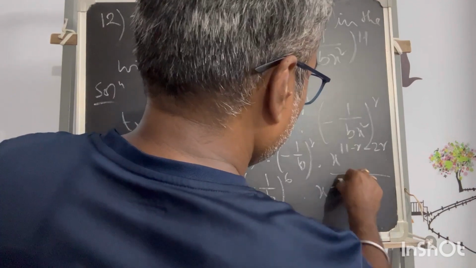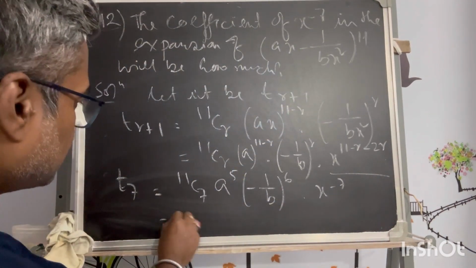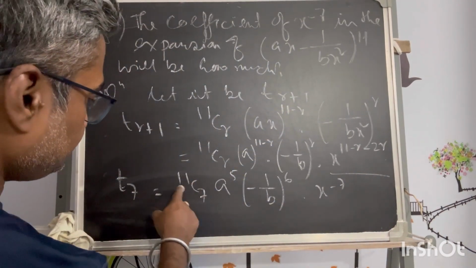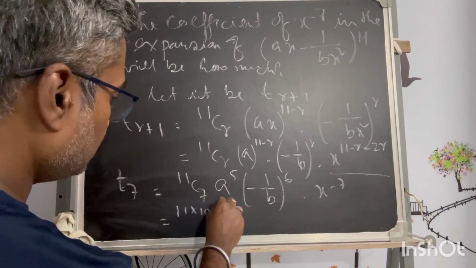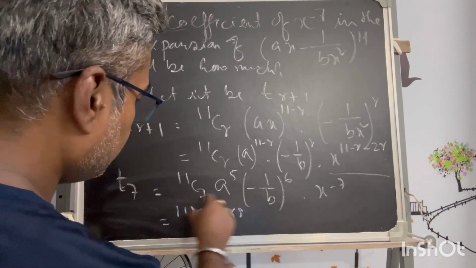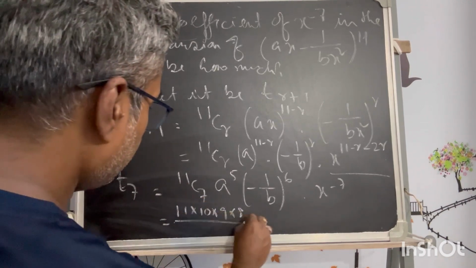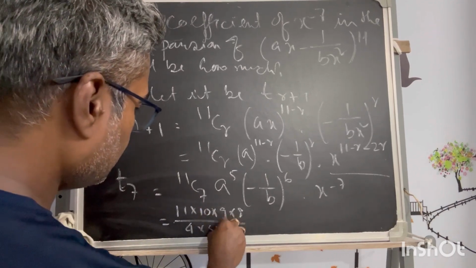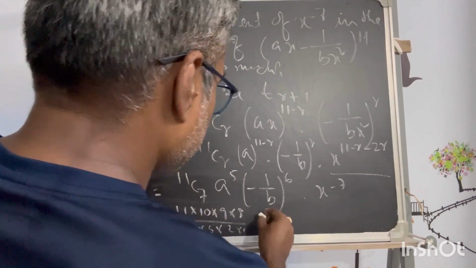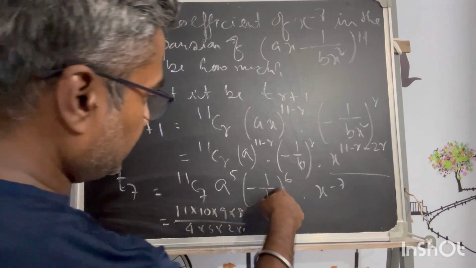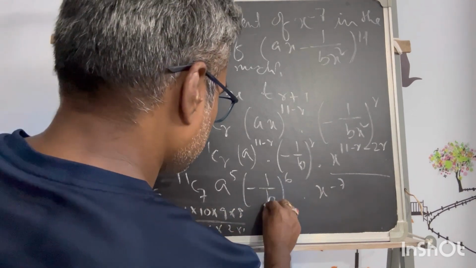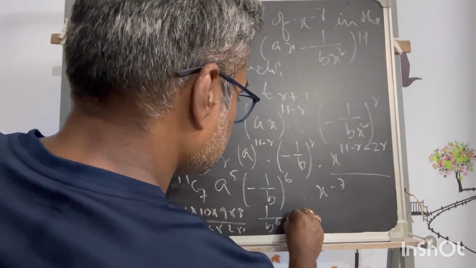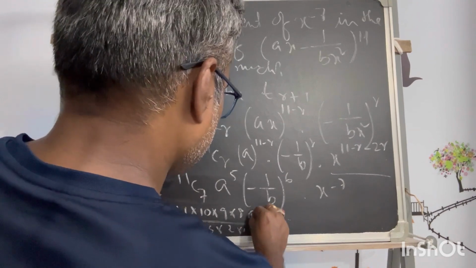So the term will be 11 into 10 into 9 into 8, 7 factorial will be cancelled out, and 11 minus 4 factorial 4 will be there, 4 into 3 into 2 into 1, and this will be minus b whole to the power 6, that means it will be plus. So this will be b to the power 6, and here it is a to the power 5.